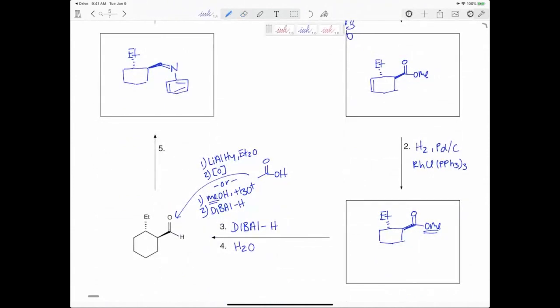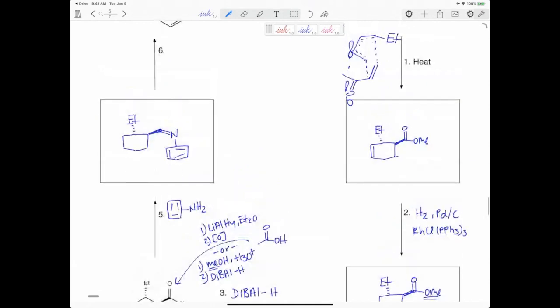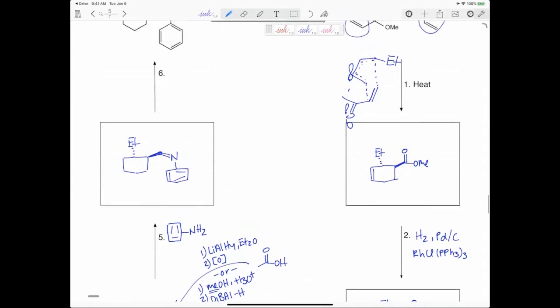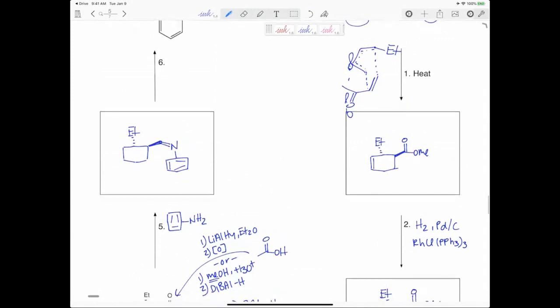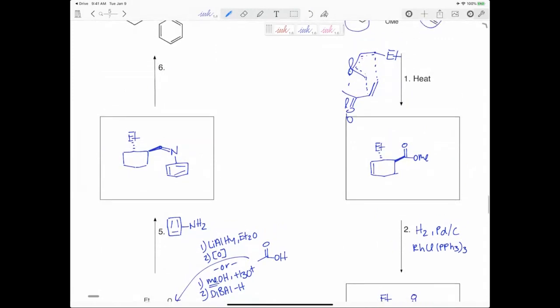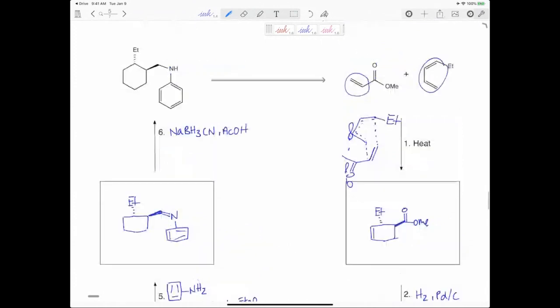So I can do this, right? This would work, and then I would have my intermediate, and then how do I reduce it down into, exactly, good job. So then, boom.